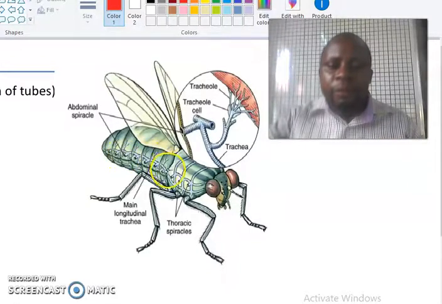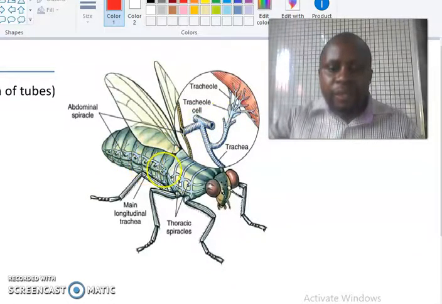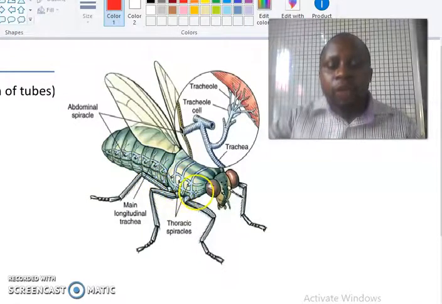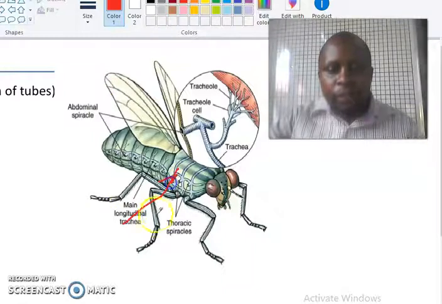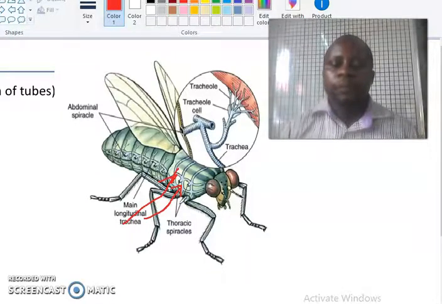When the volume of the abdomen increases, the pressure inside the tracheal system reduces. Therefore, the valves of the thoracic spiracles open. Hence, air moves into these spiracles. Is it clear?